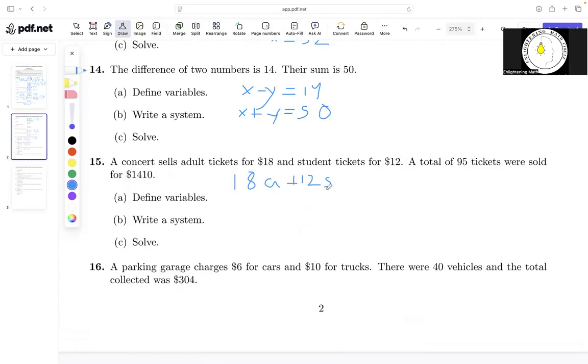Number of student tickets is equal to 1,410 because that's how many tickets were sold. And then 95 tickets were sold. So that means 95 is also equal to S plus A. And there we have the system for this word problem.